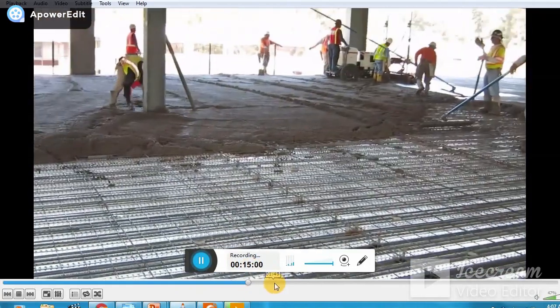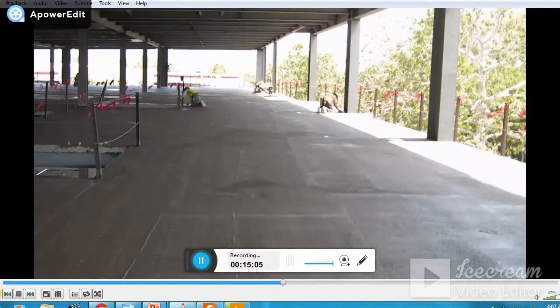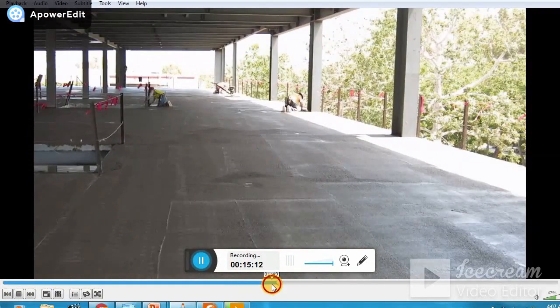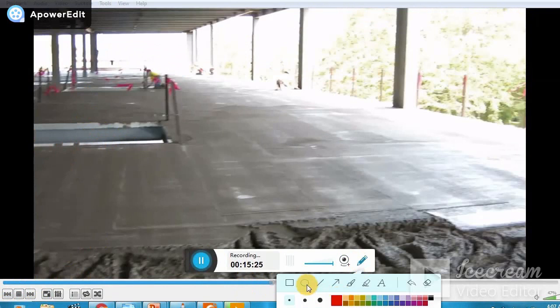This is a concrete pump, which basically brings the concrete from the lower portion to the top portion. Clear? In this video you can clearly see the space right here, where the girder or the beam is unsupported.